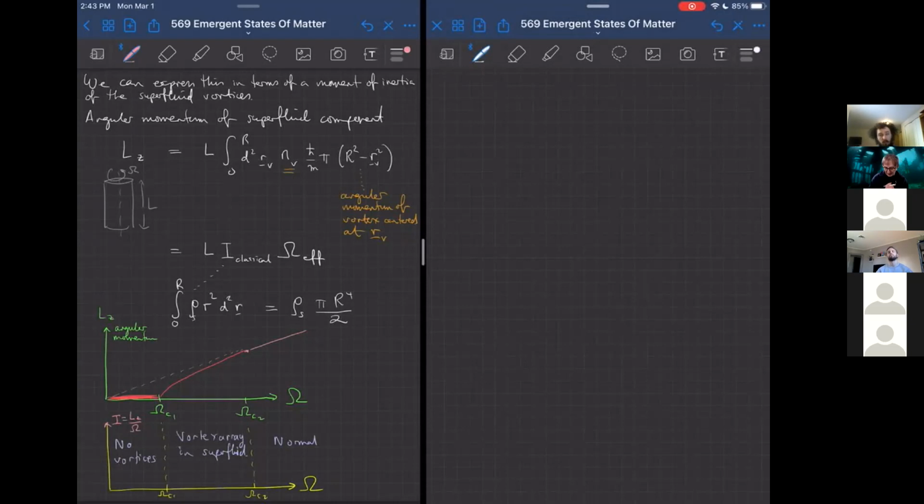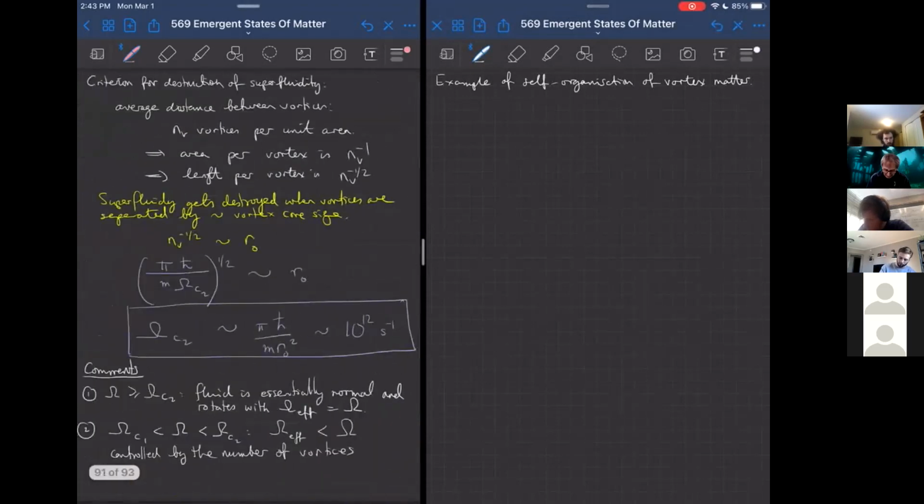And so this is just an example of the self-organization of topological defects. And as I said at the beginning, that's a hierarchical process.